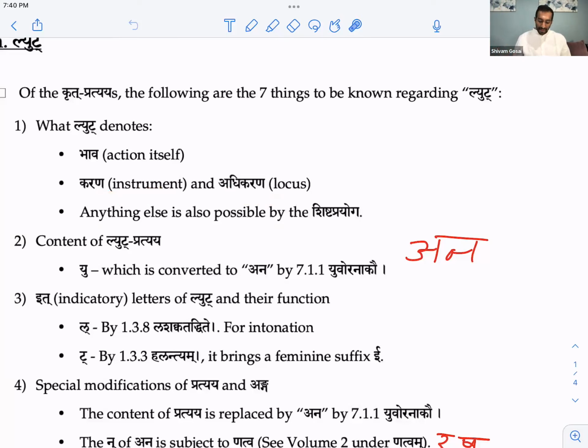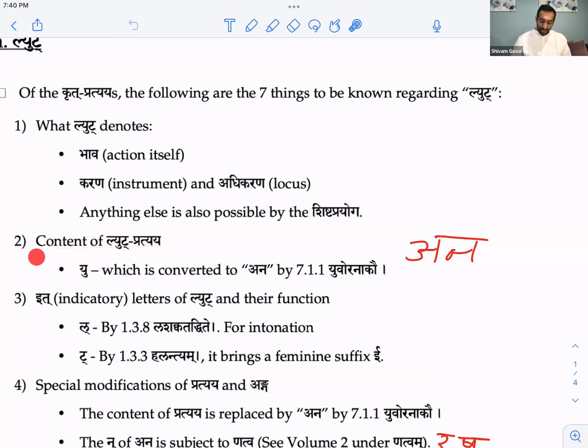But look how hard it is to make rules in Sanskrit, because really anything is possible by the shishta prayoga. Shishta prayoga means usage of shishta, the respected elders or respected people. So you can use it in any of the 6 karakas. We'll see some examples of that.